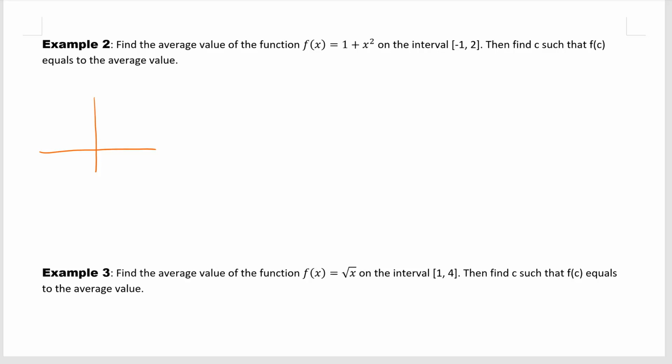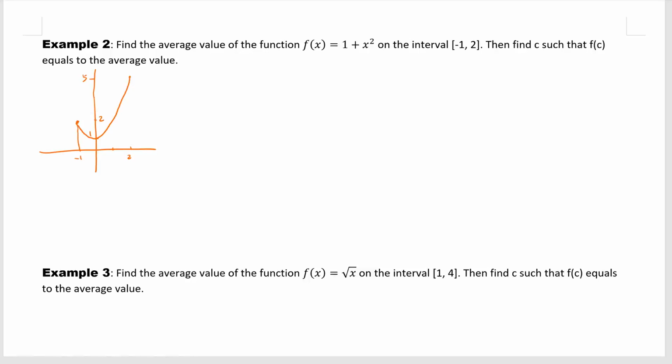When x is 0, we get 1. When x is minus 1, we get 1 plus minus 1 squared, so 2. And when x equals 2, we get 5. So this is what the picture looks like.